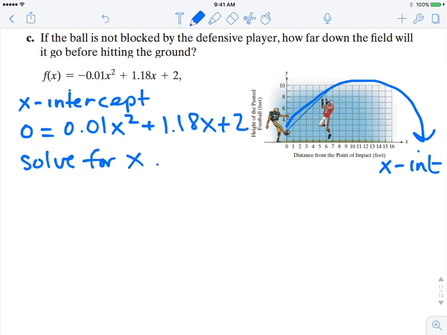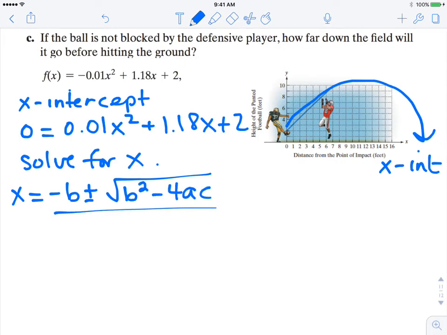We try to factor it first, and if we can't factor it, we're going to use the quadratic formula. So x equals negative b plus or minus the square root of b squared minus 4ac all over 2a. This is our a, this is our b, and that is our c. So we're going to go ahead and substitute it in.